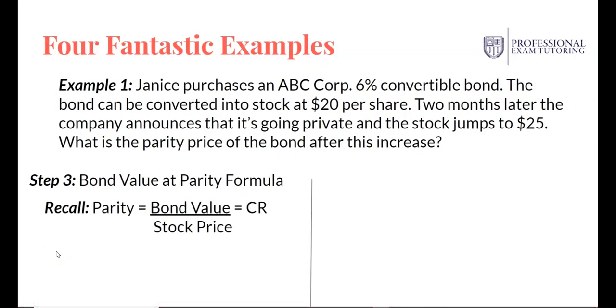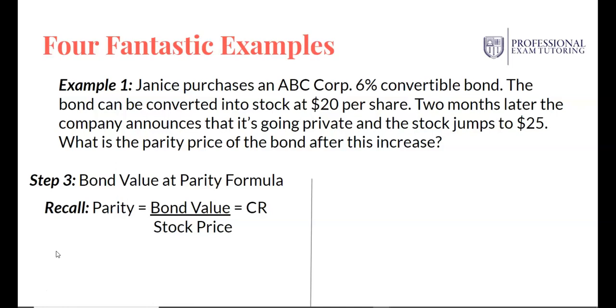Just as a refresher, the conversion ratio is the par value of a bond divided by its conversion price. When we look at this equation again, we can express it as the bond value, which we know is par, or $1,000, normally the numerator, divided by the conversion price, which is usually a stock price.